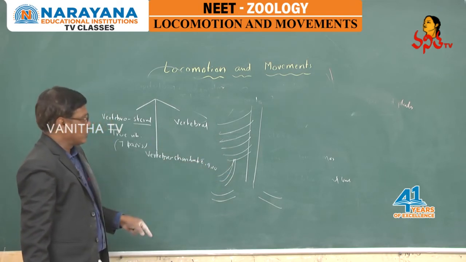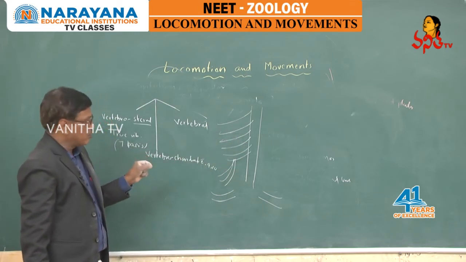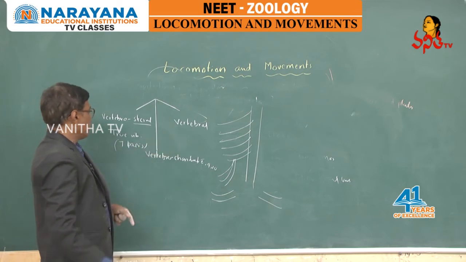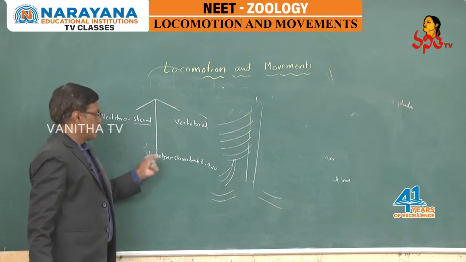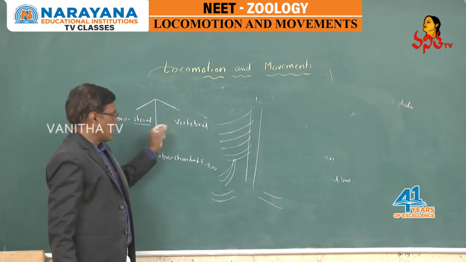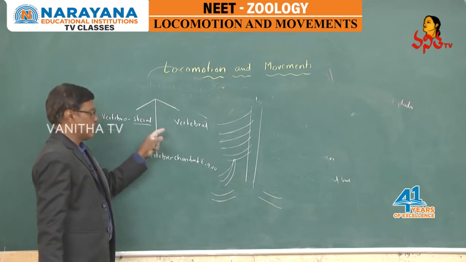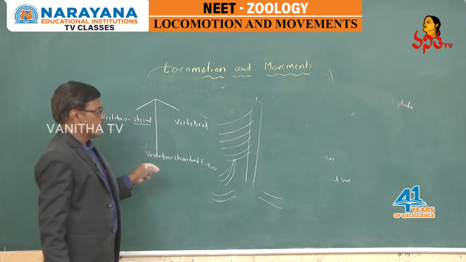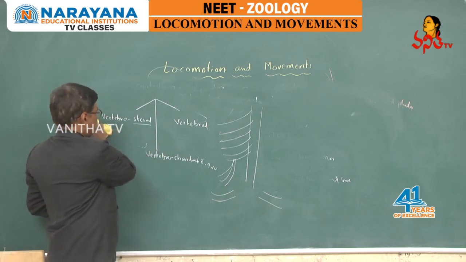And the 11th and 12th neither articulate to the sternum nor to the previous rib. Based on this, how many types of ribs? Vertebrosternal, vertebrochondral and vertebral. 3 types are present. This is about the axial skeleton.